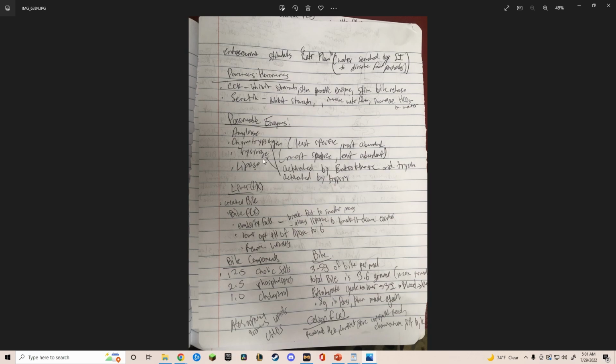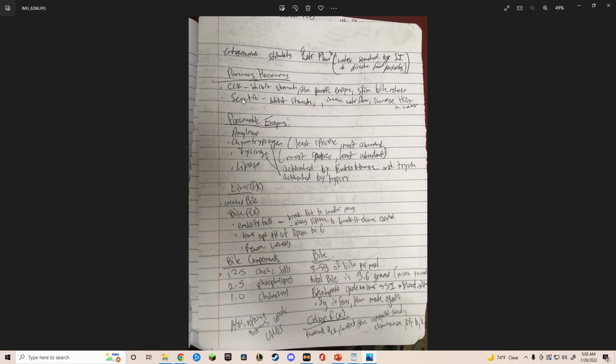Now, back in the small intestine, enterokinase would activate trypsinogen, which would turn into trypsin, and trypsin activates chymotrypsinogen. But trypsin also activates trypsinogen, so it's just a positive feedback. Some important things to remember: chymotrypsinogen is least specific, most abundant, and trypsinogen is most specific, least abundant.